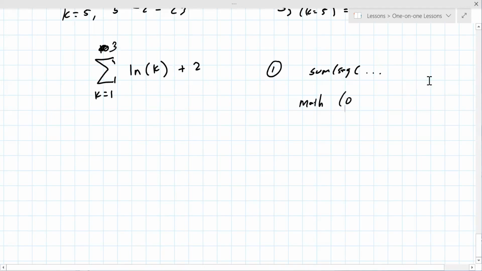So the sequence is different than the sum. That's maybe the difference here. Yeah, math 0 gets you the sigma, and it looks like on your calculator you can do sigma x equals 1 to 3 of natural log of x plus 2. Mm-hmm. Okay.